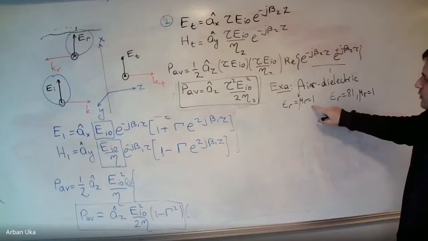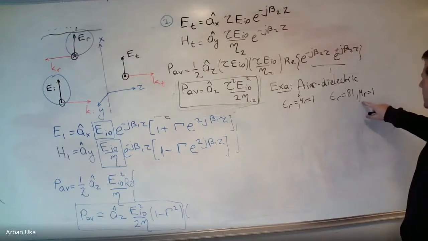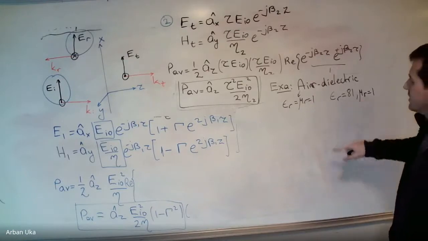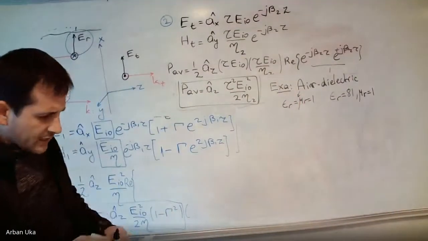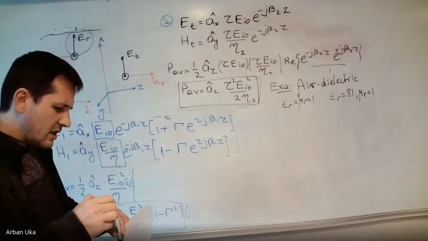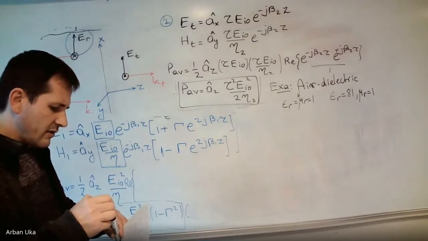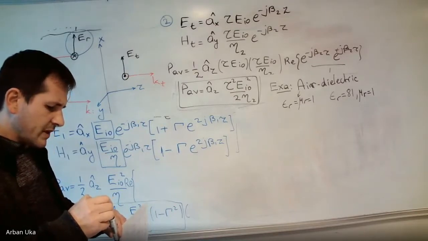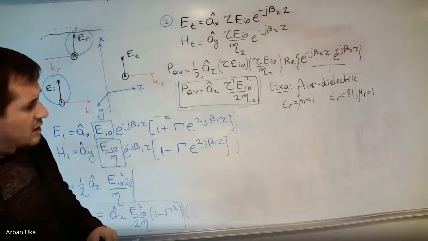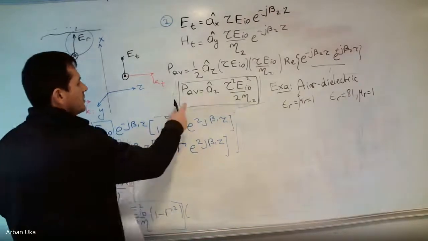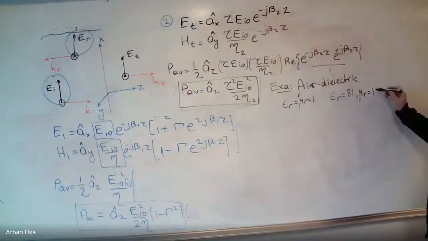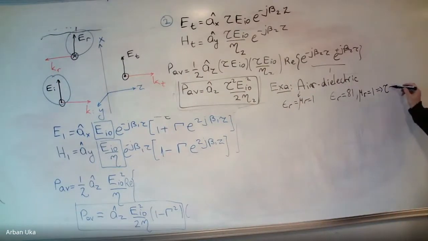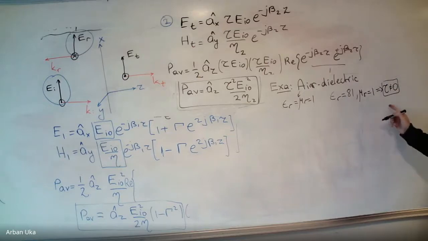Air is non-magnetic, we know it, and this new material is also non-magnetic, but the permittivity is different. So if the permittivity is different, at this interface we're going to have some non-zero transmission coefficient, this tau. The moment we see these data, we can say it implies that this tau is different from 0. If it was a conductor, this would be 0.